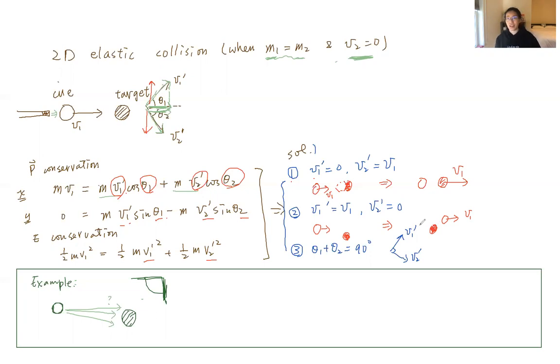This is a scenario where you miss the target completely. You don't even touch the target ball.